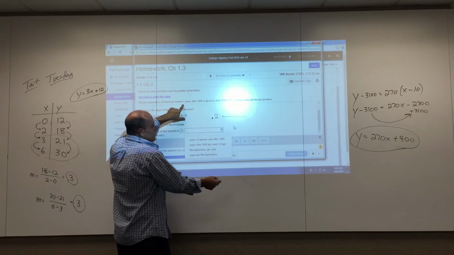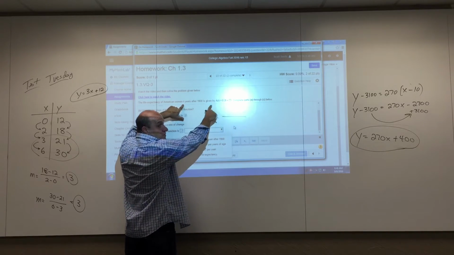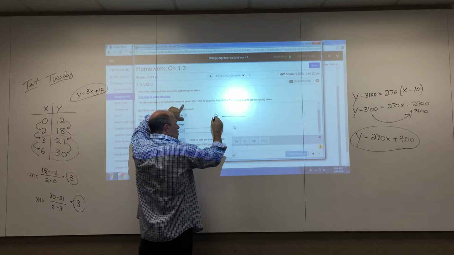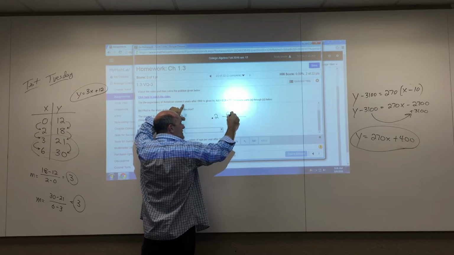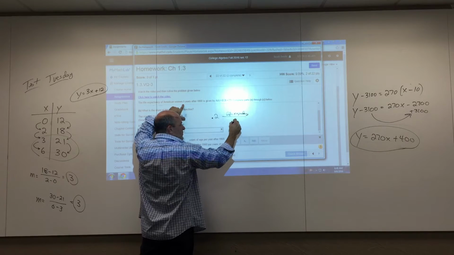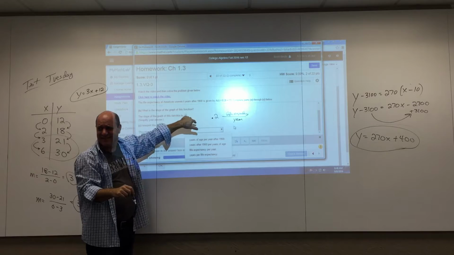What is x in this problem? X is t, which is the years after 1960. So 0.2 years of life expectancy every year since 1960. Geez, this is hard.